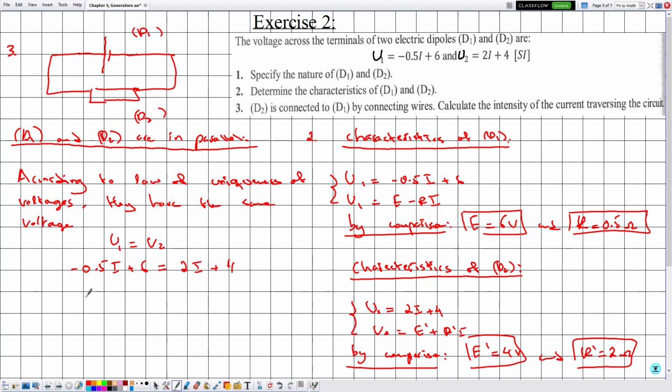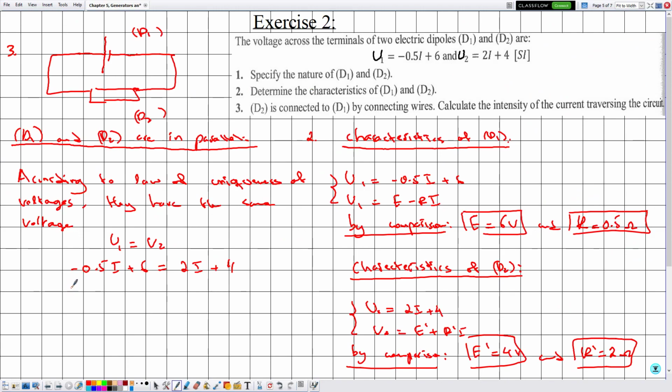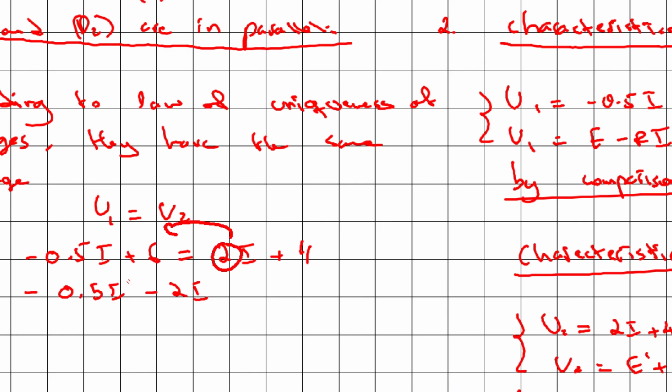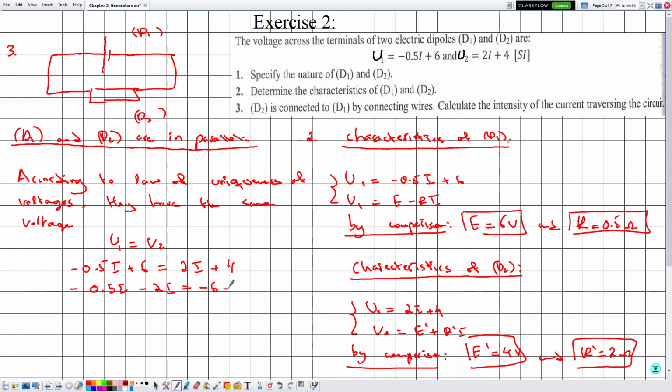How to solve this equation? This is a linear equation in one unknown. We put I on one side and all the others on the other side. So minus 0.5 I minus 2I, dragging 2 to the left hand side, is equal to, now dragging 6 to the right hand side, minus 6 plus 4. So minus 2.5 I is equal to minus 2. Now how do you solve it?